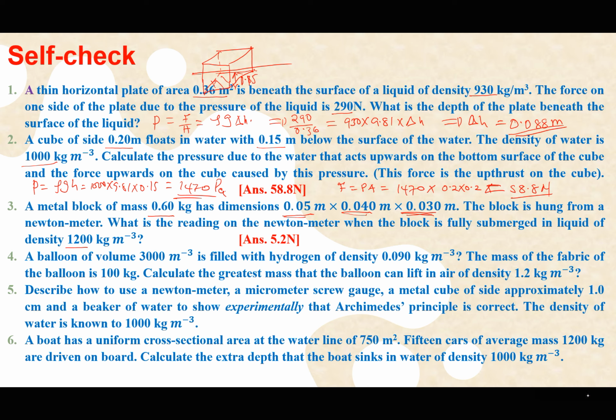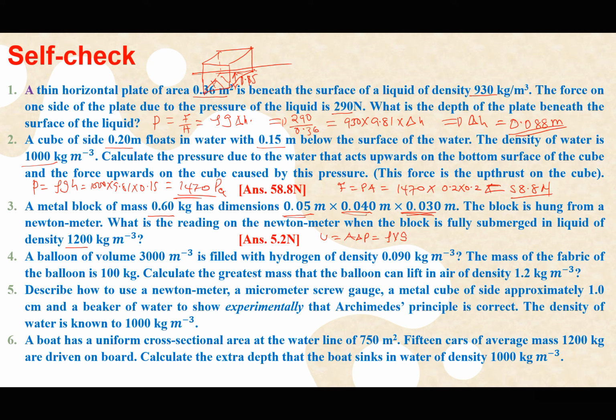When an object is fully submerged, upthrust is the apparent loss in weight, and we said upthrust is equal to cross-sectional area times difference in pressure. We said upthrust is equal to density times volume times g, or mass of the liquid displaced times g.